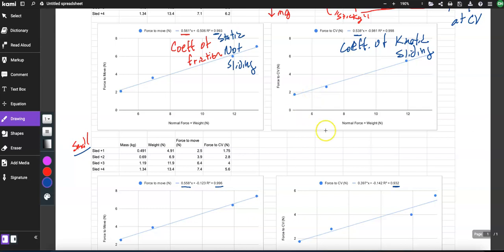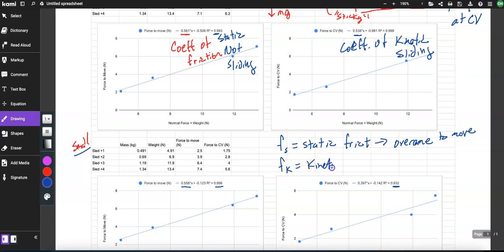Fs and Fk. Fs, remember, is static friction. This is the friction you have to overcome to move something. If you've ever pushed a box and it's hard to push and all of a sudden it gives way, that was static friction keeping it from moving. The minute it starts to slide, that's kinetic friction.